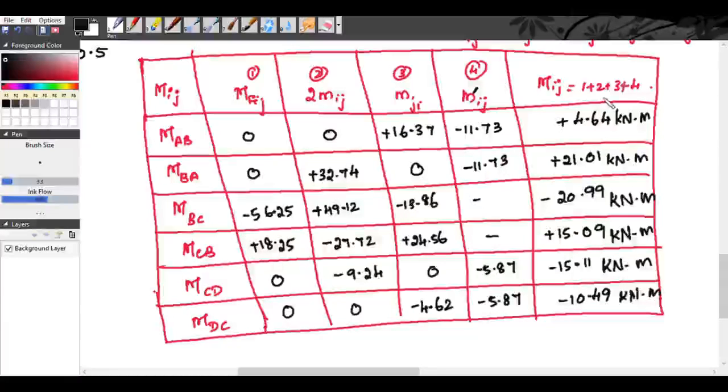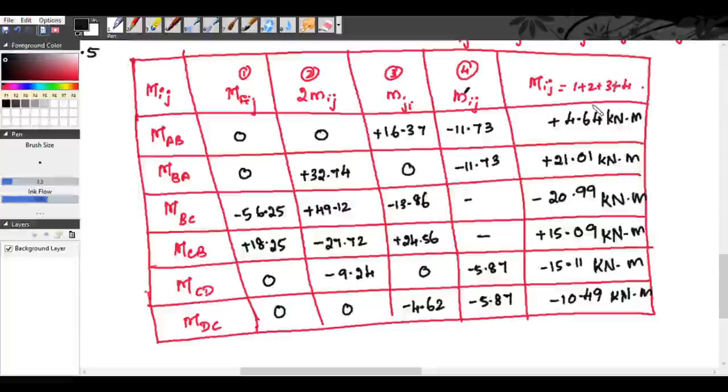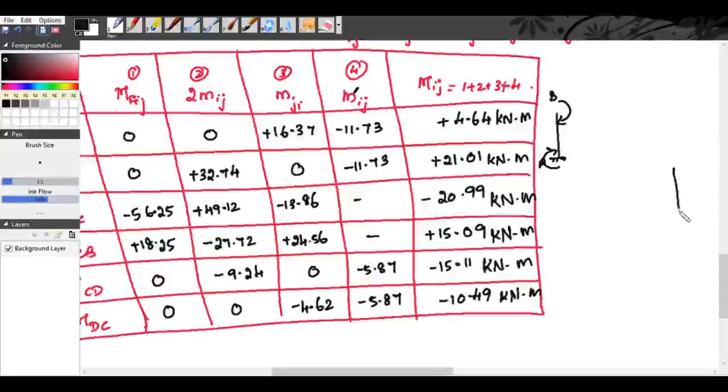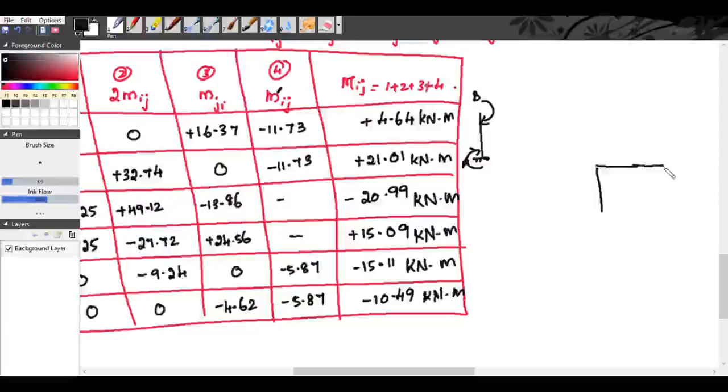While drawing the bending moment diagram, we will draw the simple beam moment diagram first. When you are considering AB, this is A and this is B. AB is positive, clockwise. BA is again clockwise. So when drawing the bending moment diagram, this will face towards the right and here it will face towards the left.